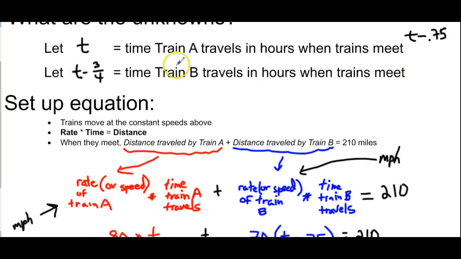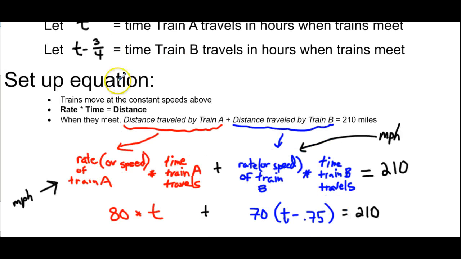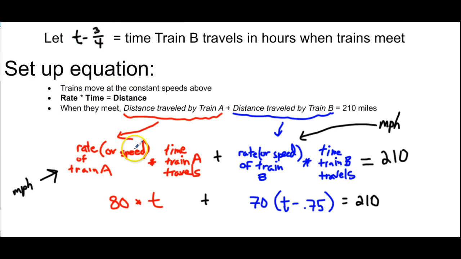Okay. So now we can go ahead and set up an equation, and this is where we're going to use our information from before, and we're going to use rate times time equals distance. So the rate or speed of train A in miles per hour times the time that train A travels will be the distance that the red train travels in a particular amount of time.